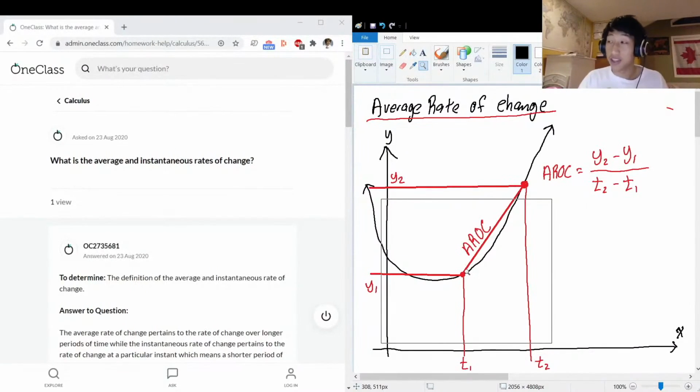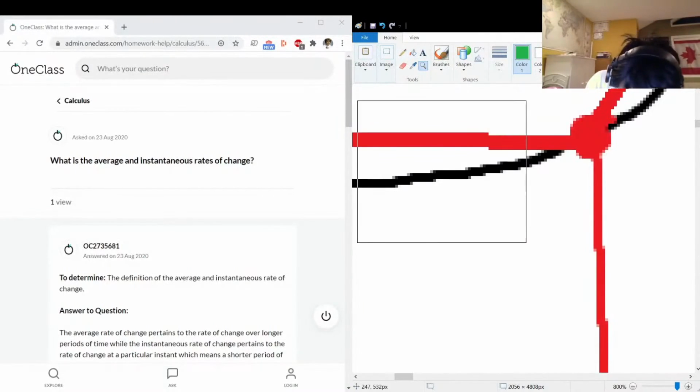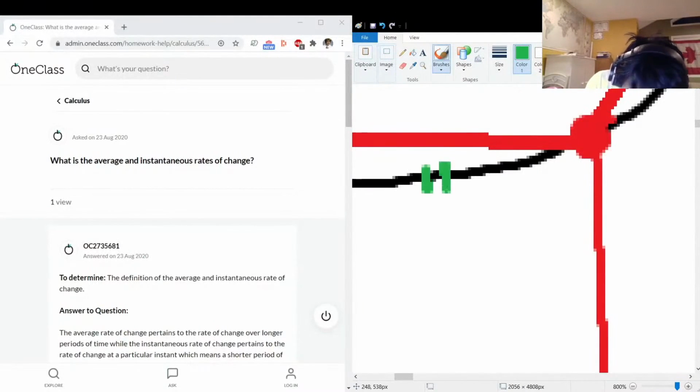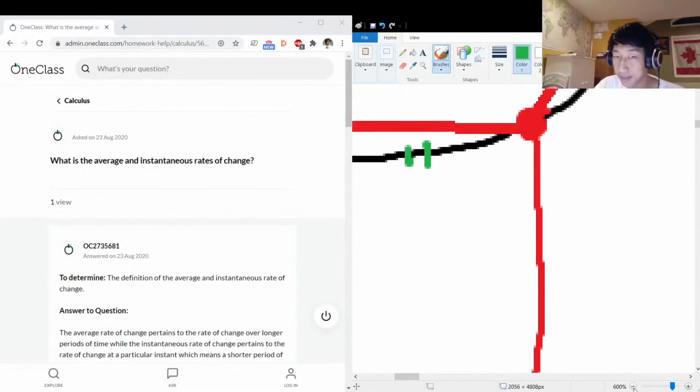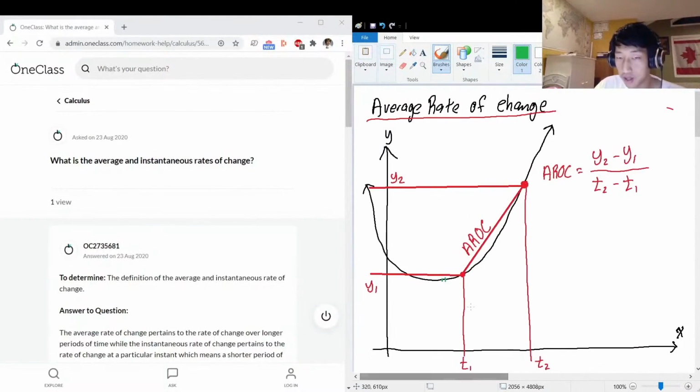That's essentially what the instantaneous rate of change is, when you're really, really zoomed in like this, and then you take the AROC between them, so close that it's infinitesimally small. You probably shouldn't even be able to differentiate them from each other from out here.